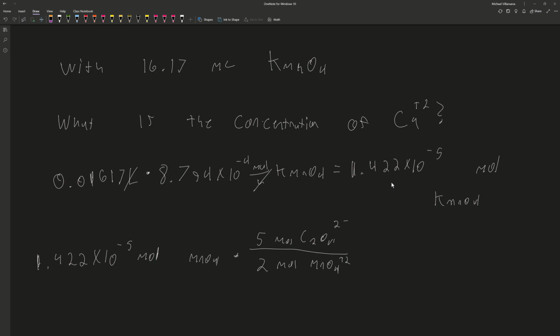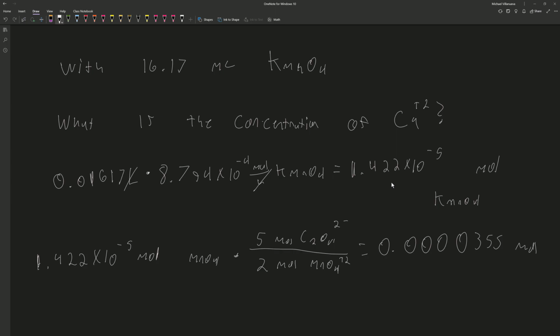So we have MnO4 and MnO4 canceling, giving us C2O4, which will give us a mole number of 0.00055 moles.